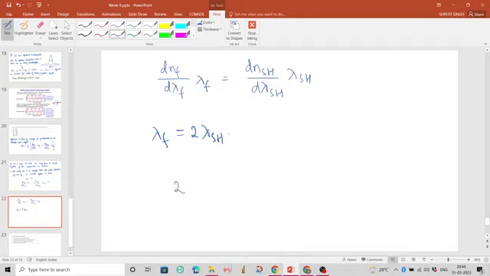We will get 2 dnf by d lambda f, where instead of lambda f we have put 2 times lambda sh, equal to dnsh divided by d lambda sh. Lambda sh will get cancelled on both sides. That is, the rate of change of refractive index with respect to the wavelength of the second harmonic should be twice that of the fundamental.